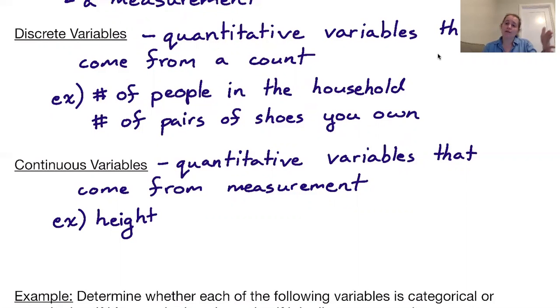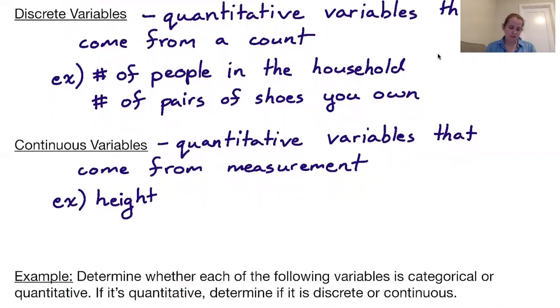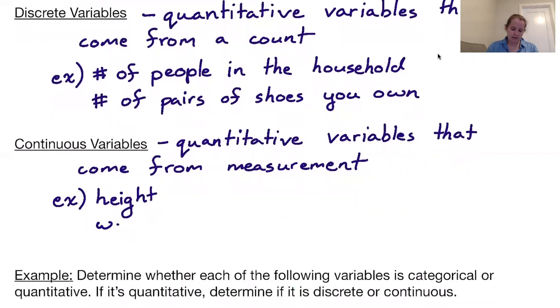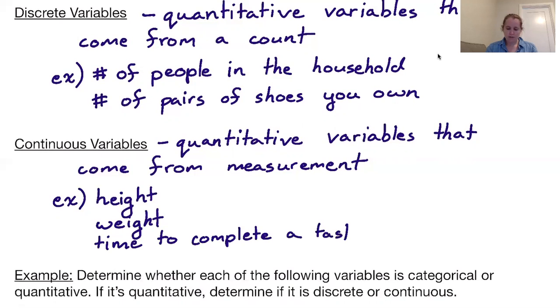So it's continuous because you can hit every value theoretically in between the counting numbers, not just the counting numbers themselves. So height, weight, time to complete a task, these are all considered to be continuous.